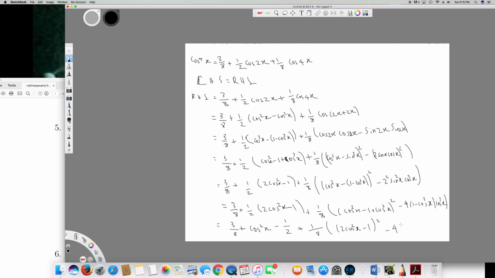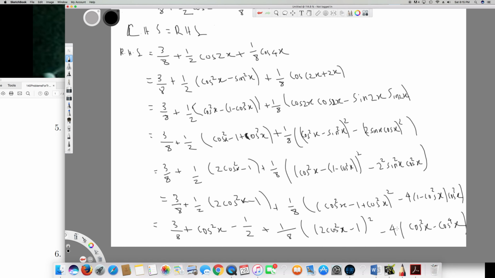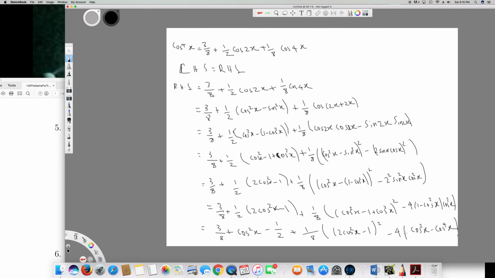See what happens. So it's going to become 1 minus cos square x, so cos square x minus cos to the power of 4 x. I don't know, we don't have enough space here. I don't know how to add more space.